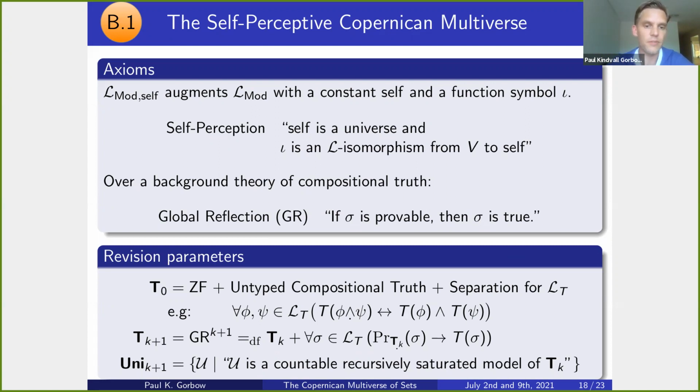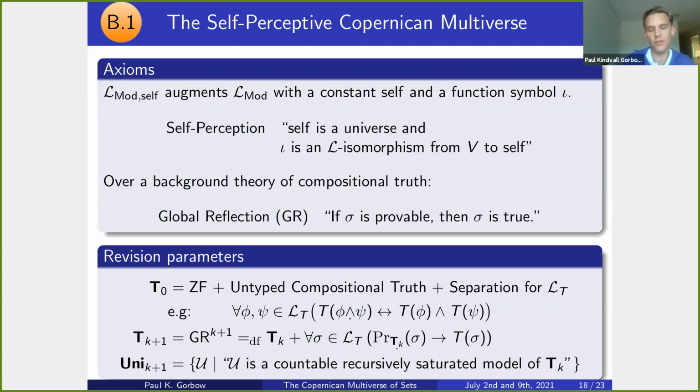And so the revision parameters that we use now, well, actually these are not the revision parameters that we're finally going to be using, but this helps to explain how this problem is solved. So let's say that we start with T0, which is ZF plus untyped compositional truth plus separation for the language with a truth predicate.